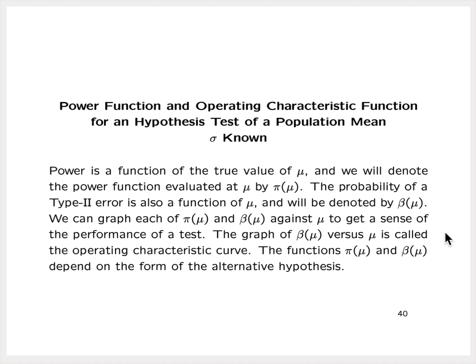And I would also point out that the power function and the beta function depend on the form of the alternative hypothesis. So are we talking about a two-tailed test, or a left-tailed test, or a right-tailed test? The form of the test will determine the form of the power function and the beta function.